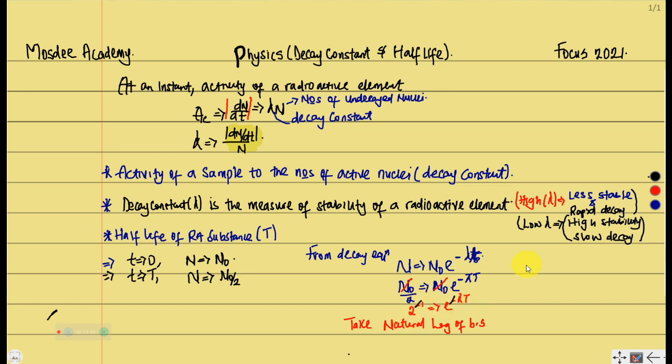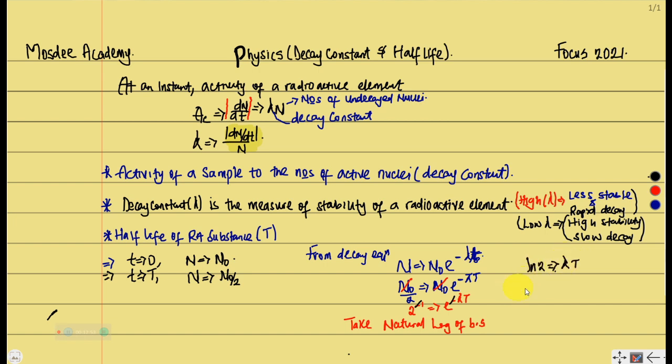So I'm taking the natural log of 2 equal to, as you can see, the natural log will cancel out the e, and we have lambda T. So ln of 2 is equal to lambda T.